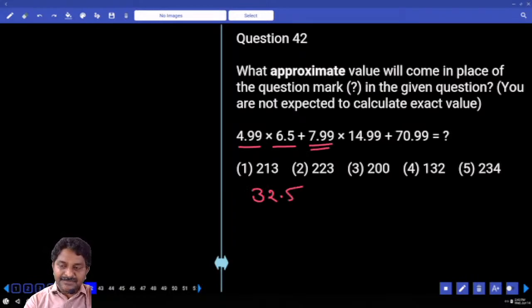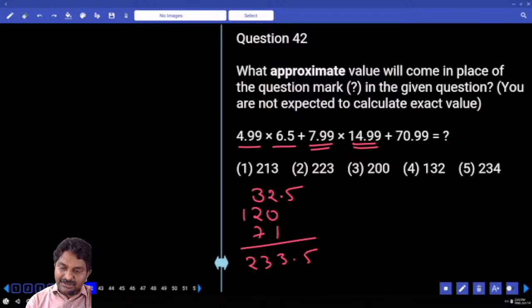How much is this? 8 times half. How much? 120. The other one 71. Yes. 3 and a half. 23. 22. Yes. 223.5. Approximate second option.